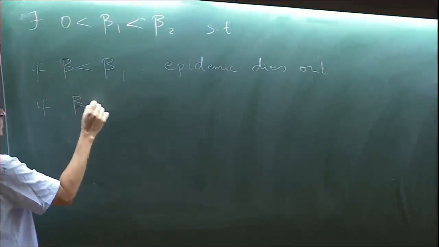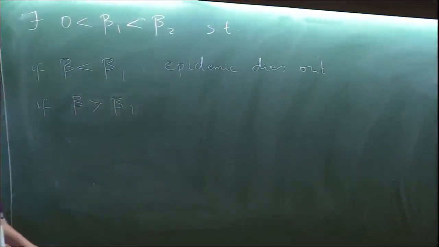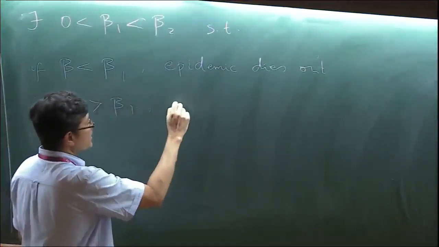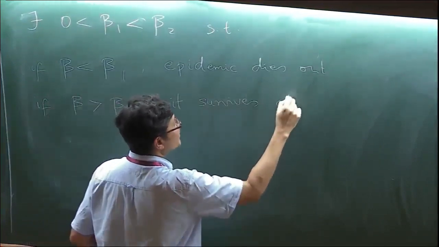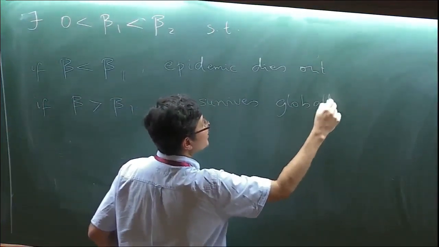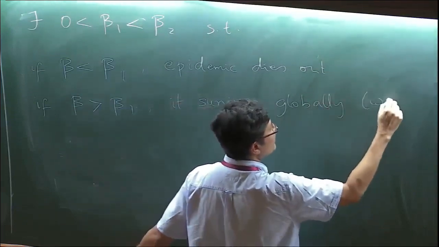If beta is bigger than beta 1, it survives globally, or weakly.